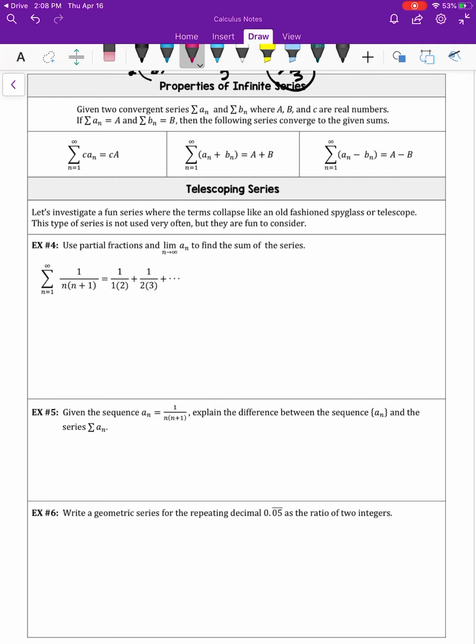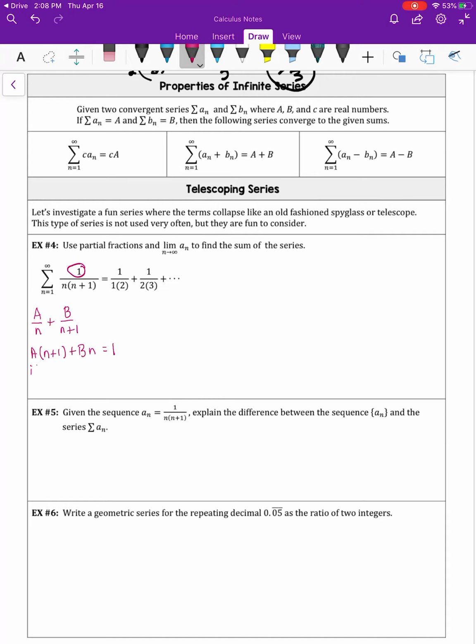So what we're going to do on this one, summation n equals 1 to infinity of 1 over n times n plus 1. Over to the side, I know that I want this to be a over n plus b over n plus 1. That's what we do with partial fractions.